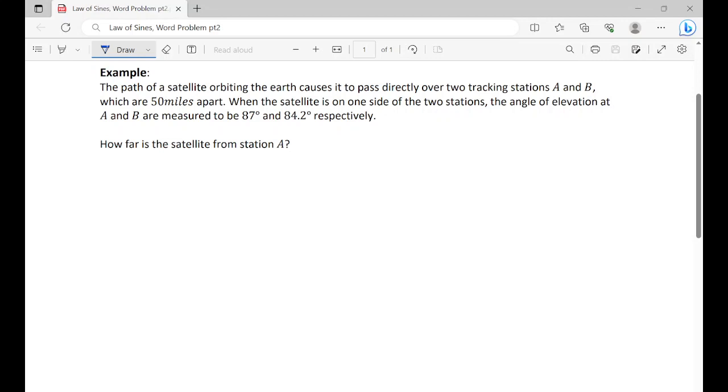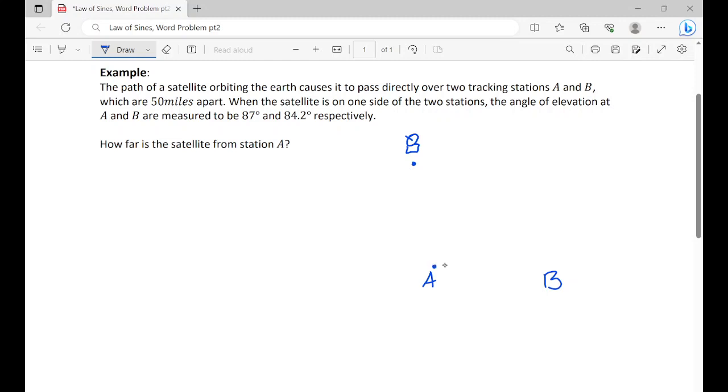So when it comes to these questions, I like to start off with just drawing a picture so I can actually see it a little bit more clearly than just reading a question. So we have some satellite in orbit, and we know that on the Earth we have station A and station B. Now it says that the satellite is on one side of the two stations, so I'm going to put the satellite just a little bit over here.